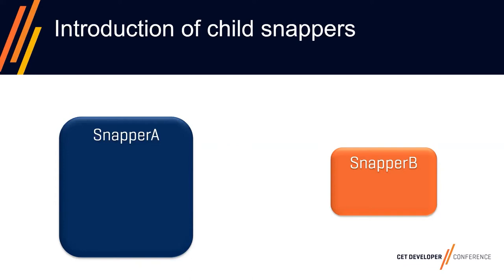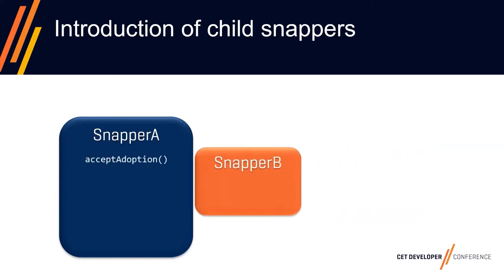When the user or the code places that second snapper, snapper B, in proximity to snapper A, we'll ask snapper A if it is willing to accept adoption of this new snapper. By default, this is false, meaning that by default, all snappers just work like they always have, but this can be overridden to check this other snapper and return a value of true, indicating that you want to adopt it.